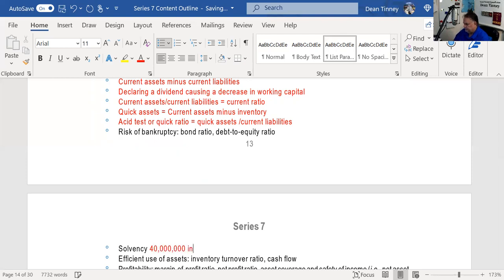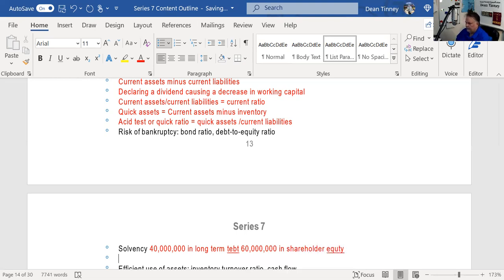Long-term debt. And let's say we had 60 million in shareholder equity. Now, this part is testable. We capitalize.